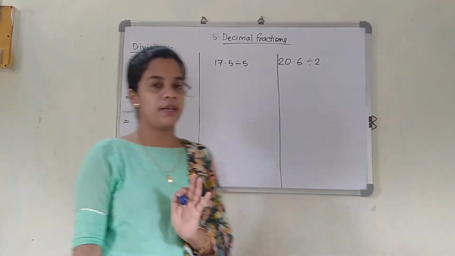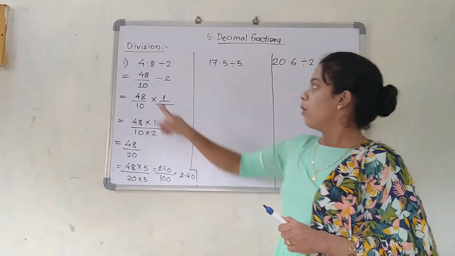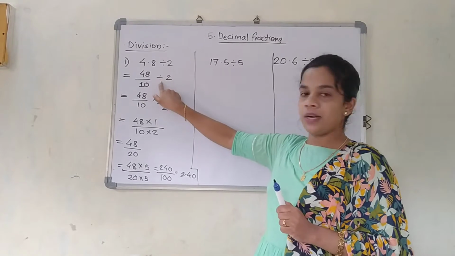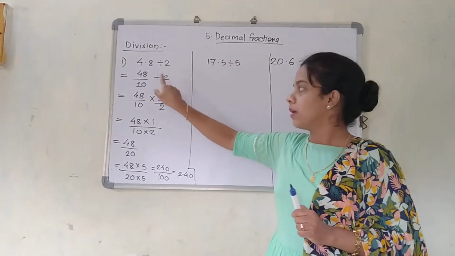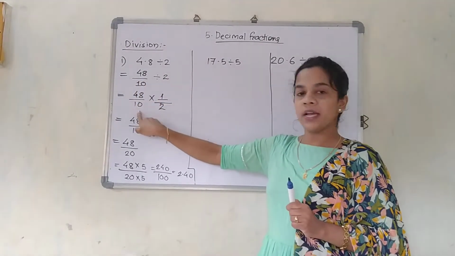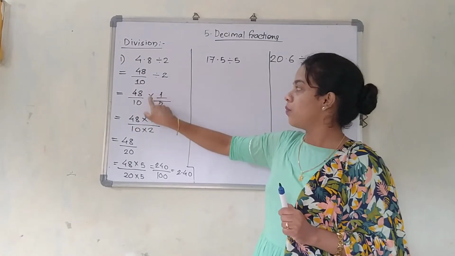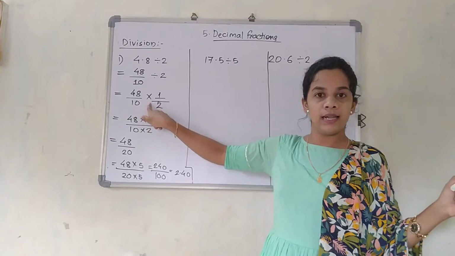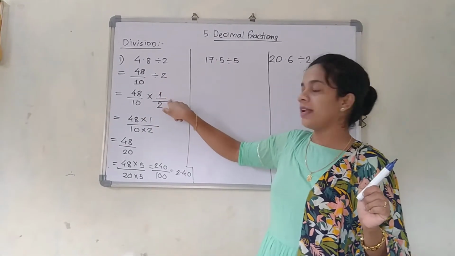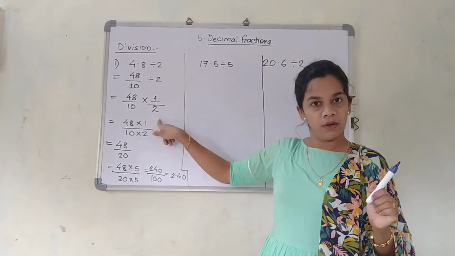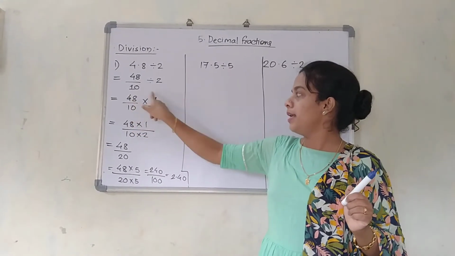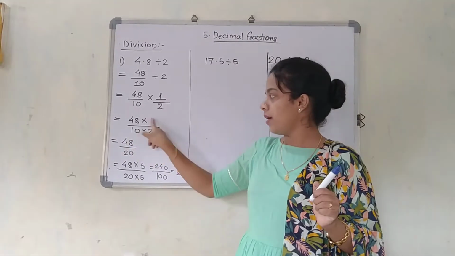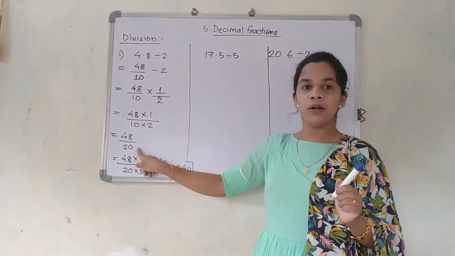So what I have done, just pay attention properly. 4.8 I have converted into a decimal fraction. This division I have written as it is, 2 was carried down. Now 48 upon 10 again I have written as it is. Division I converted into multiplication because of the earlier rule which we studied in the earlier lesson. And this 2 I took the reciprocal, that is 1 upon 2. So now 48 into 1 I have written and 10 into 2 I have written over here. 48 ones are 48, 10 twos are 20.